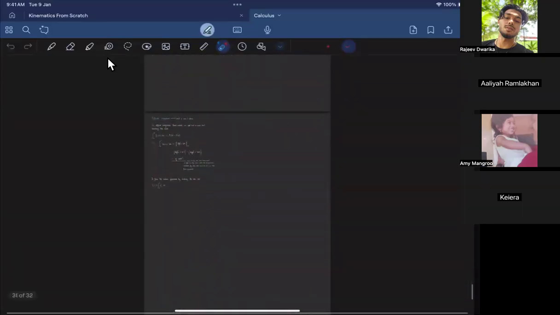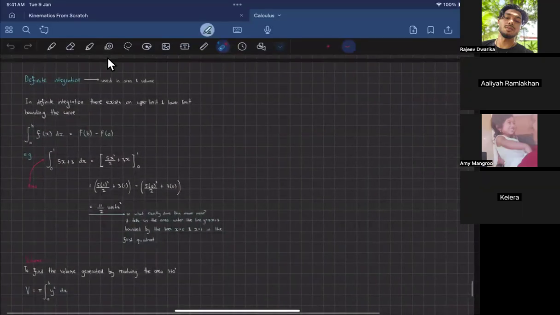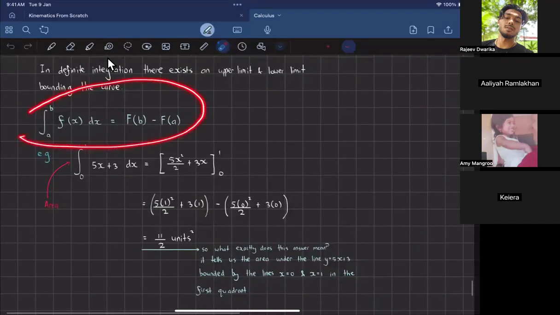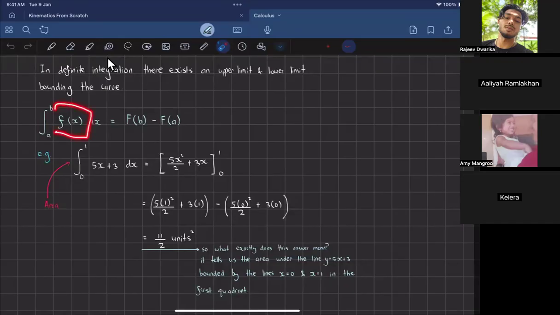Right. So the next thing we had to move on to was definite integration, and this is used in area and volume. In definite integration, there exists an upper limit and a lower limit bound in the curve. So this is what you use if you want to figure out the area. All you're gonna do, Aliyah, Amy, and Kira, is integrate the expression.